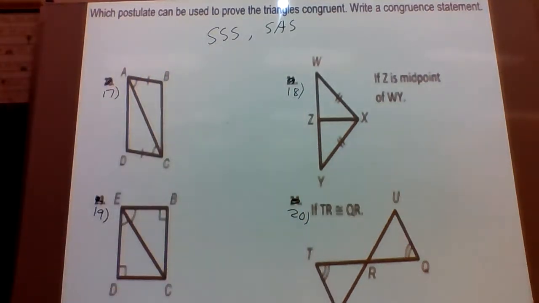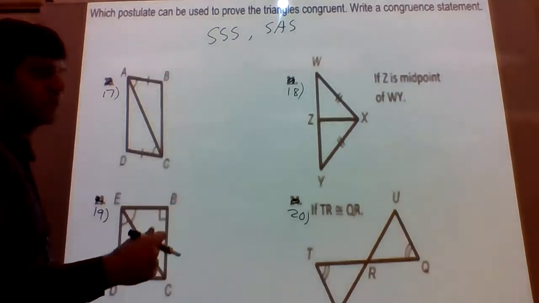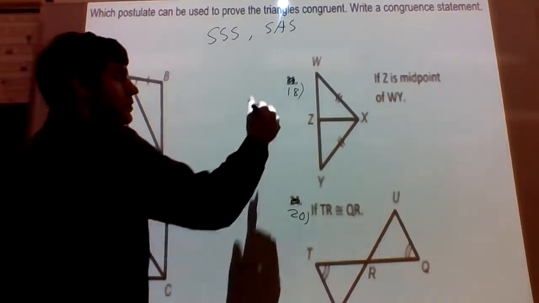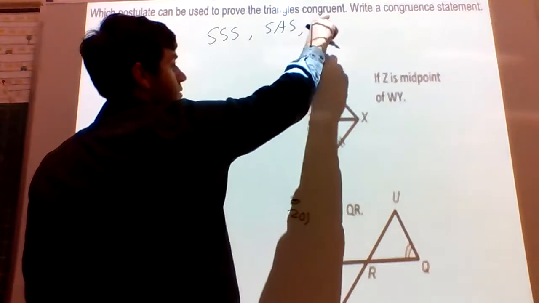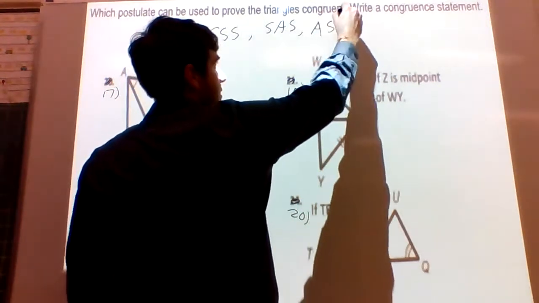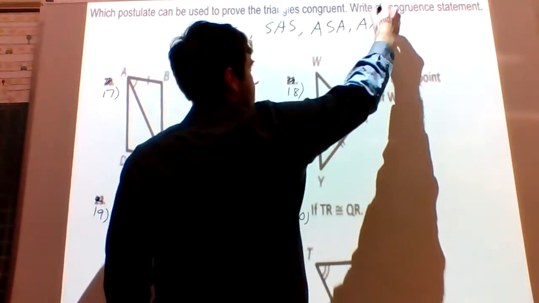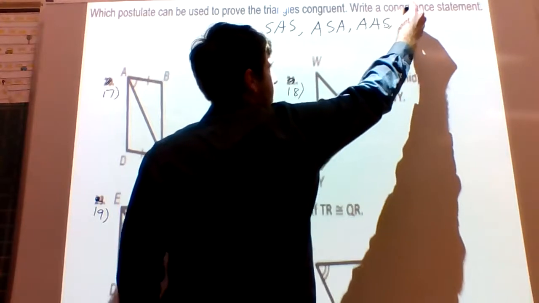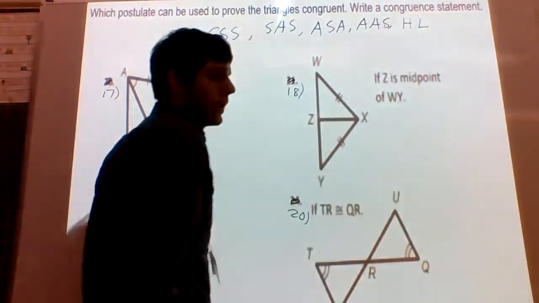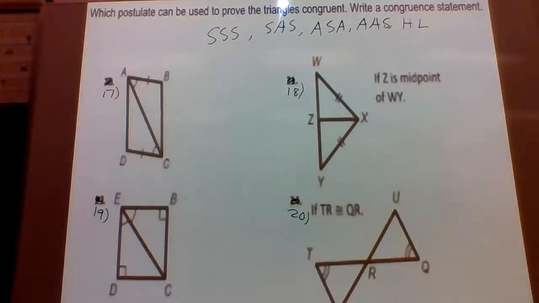If we have 2 pairs of congruent sides and the pair of included angles are also congruent, we know our triangles are congruent. And then angle, side, angle, and angle, angle, side. And then we have hypotenuse, leg. So those are the 5 postulates or theorems that we have to prove triangles congruent.